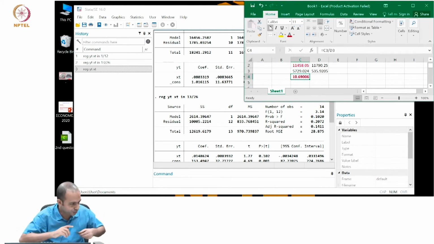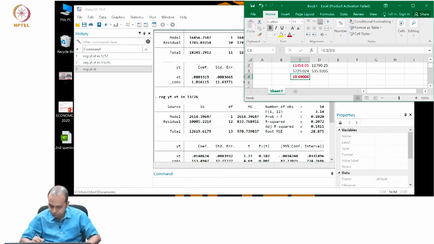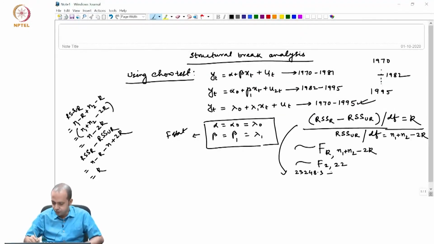Okay. So, ultimately your F value is, if you put all this, I am not doing all this again.